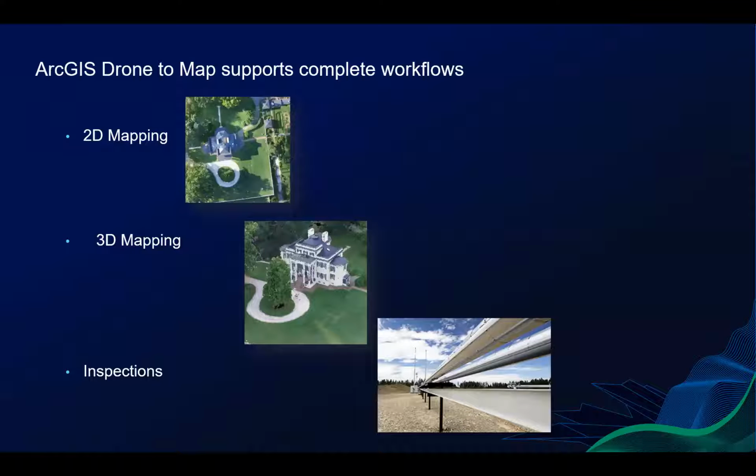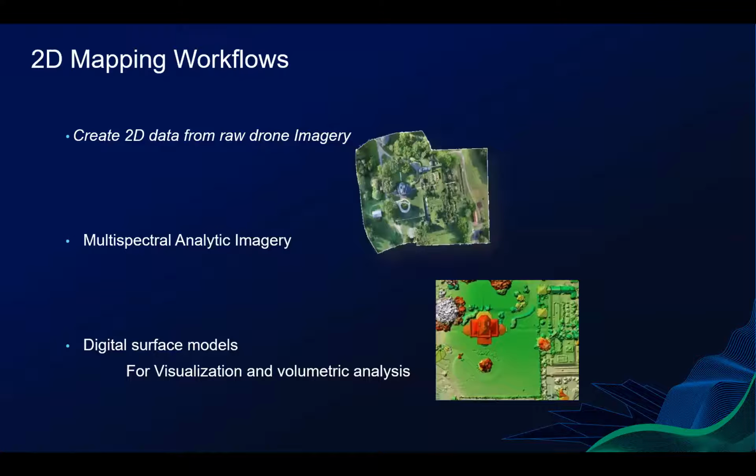And we also have the inspection template that allows you to do inspection of the various assets. And again, a good application here, as I have mentioned, is the utilities sector. Depending on the workflow that you're looking at, some of the output could be for visualization, others could be for analysis. So again, it depends on your application area and what exactly you want to use the drone imagery for.